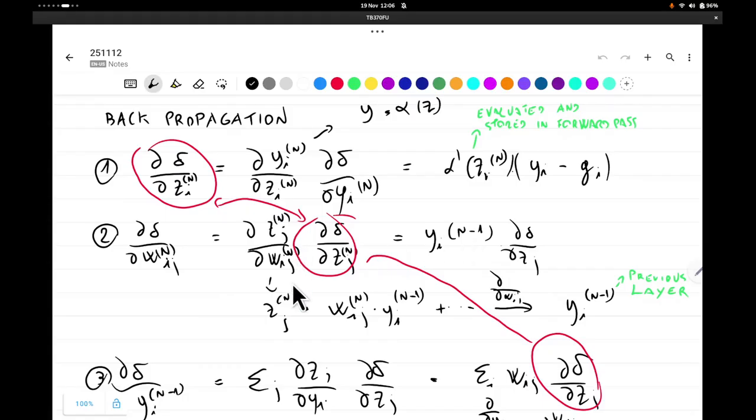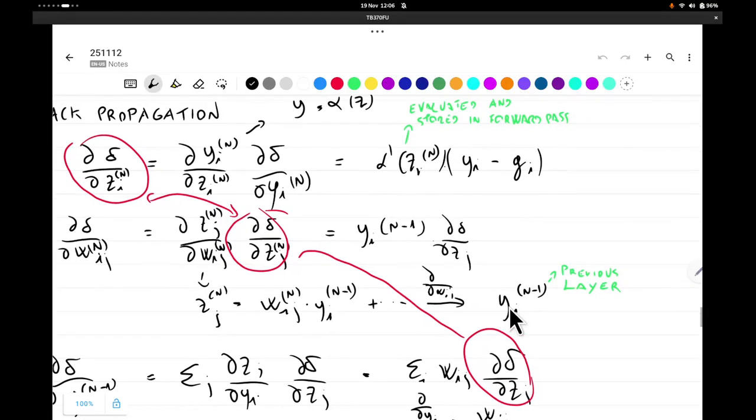And then we notice that the z's depend on the yij by means of the affine transformation. So we have a sum of these products, and if we take the derivative with respect to the yj, only one of the yi's survives. And it is worth noticing that this would be from the previous layer.